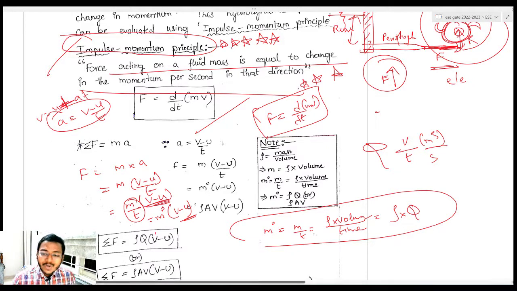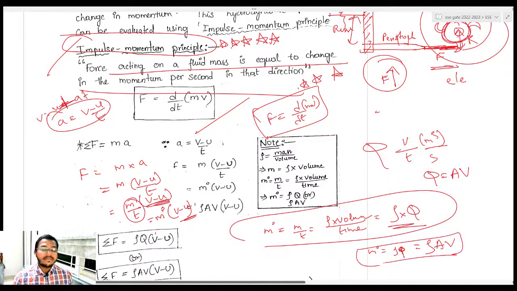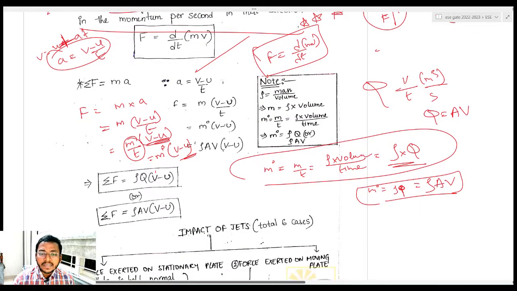Will you remember? So here I can write this m naught directly as rho Q, or Q is equal to A v. You know this formula, Q is equal to Av. So you can write it as rho A v, let me erase this. Instead of rho Q I can write it as rho A v. Done. Clarity has come. So what is my equation? Let me rearrange.